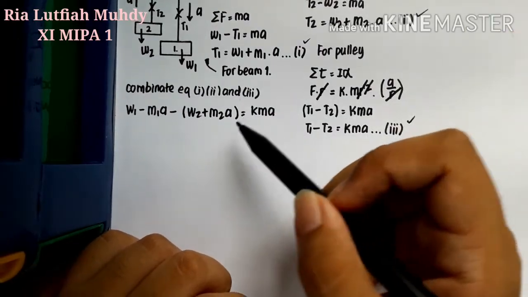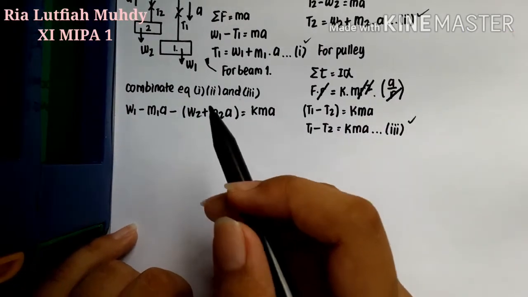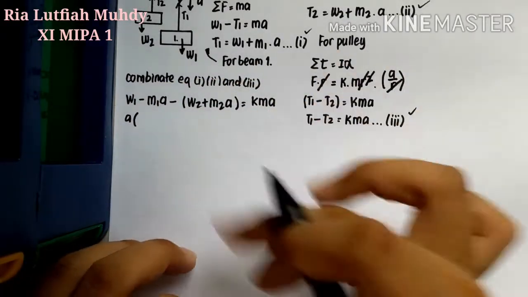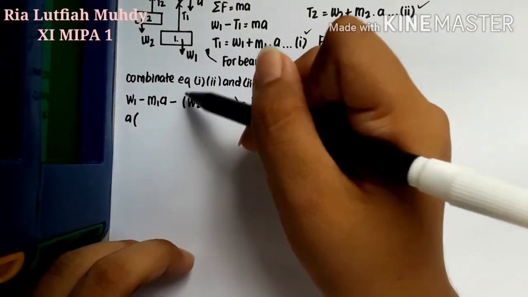Then in here, because there is 2a, we can take the a out of these symbols.